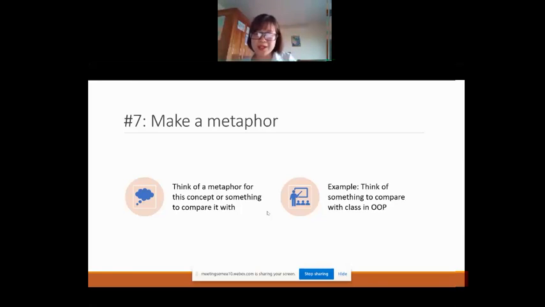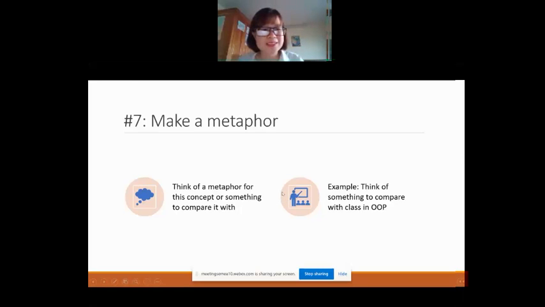For example, when I teach object-oriented programming, when I explain some terms like what is a class, what is an object, then I ask my students to compare a class with a real world thing that you know. Then some students told me that, yeah, the class is like a building blueprint, and I think, yeah, that's correct. It's correct, and it also helps them understand the definition, the terms, more clearly.